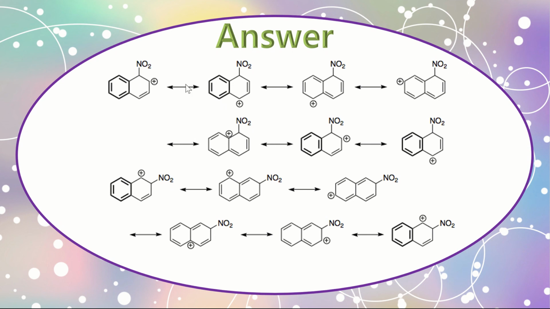So from here to here, we're drawing our arrows from this double bond to the plus charge. And then from here to here, we're drawing our arrow from here to here. And then from here to here, we're drawing our arrow from here to here. And then we do that and go all the way around, and we do that for all of them.